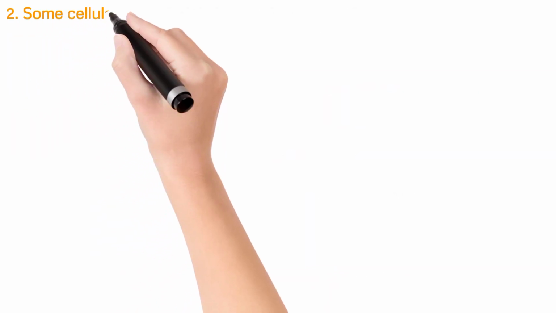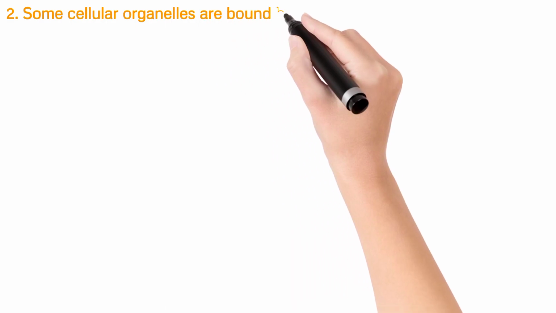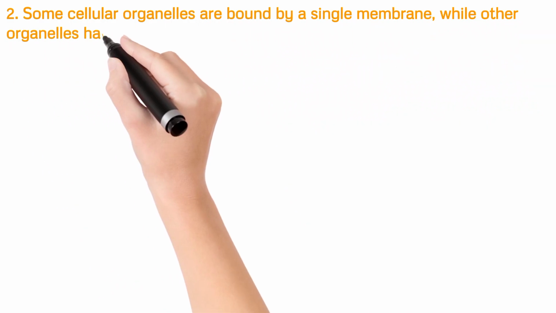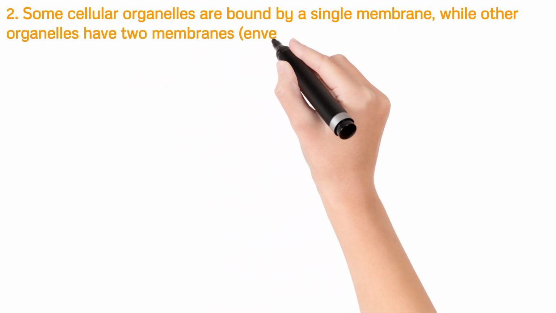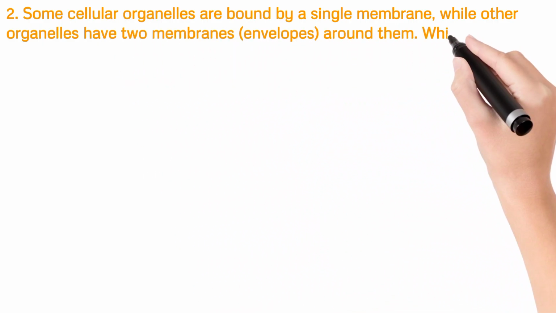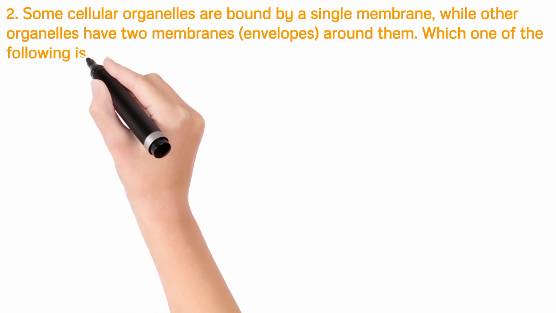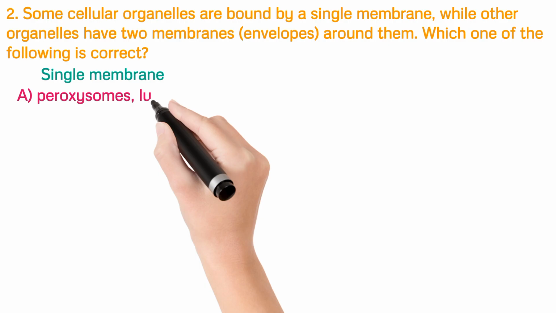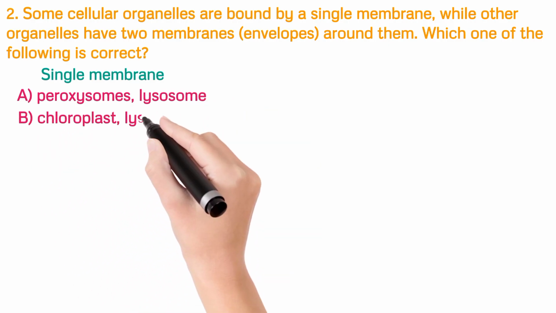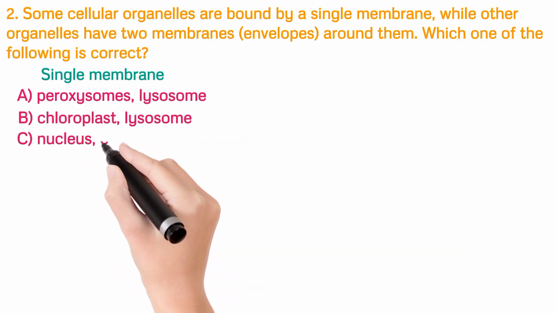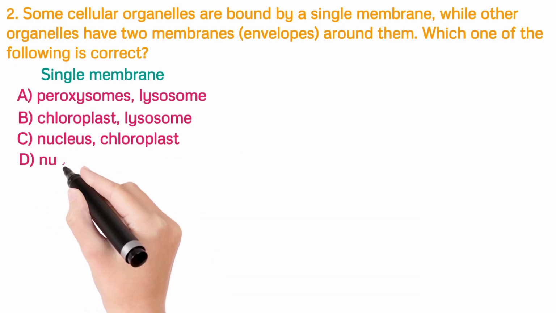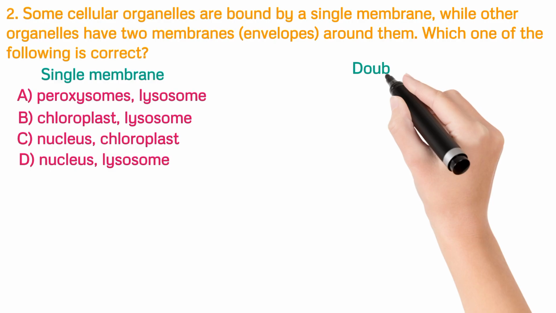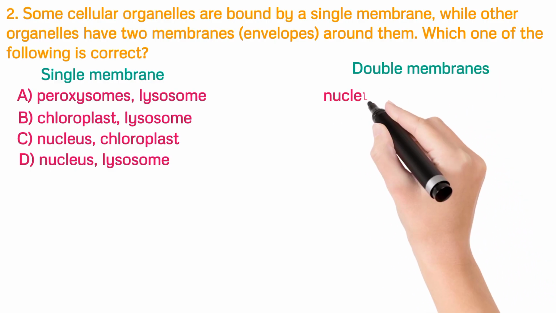cells. 2. Some cellular organelles are bound by a single membrane, while other organelles have two membranes, envelopes, around them. Which one of the following is correct? Single membrane. A. Peroxisomes, lysosome. B. Chloroplast, lysosome. C. Nucleus, chloroplast. D. Nucleus, lysosome. Double membranes. Nucleus, chloroplast.